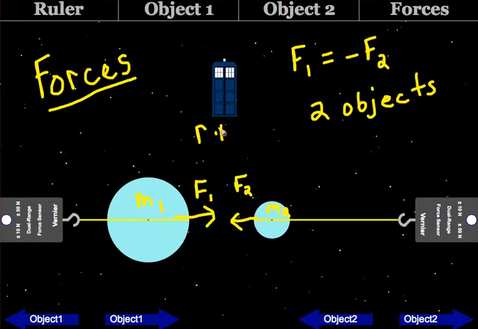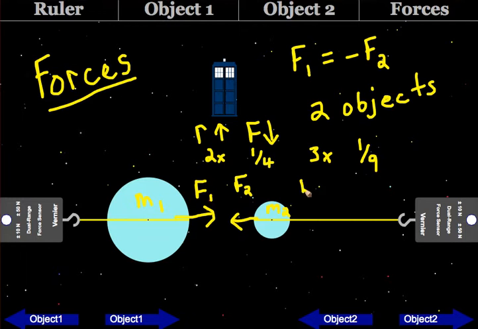As that distance increases, the force decreases. It's an inverse squared relationship, so that means 2 times the distance will give you 1/4 of the force. 3 times the distance will give us 1/9 of the force.